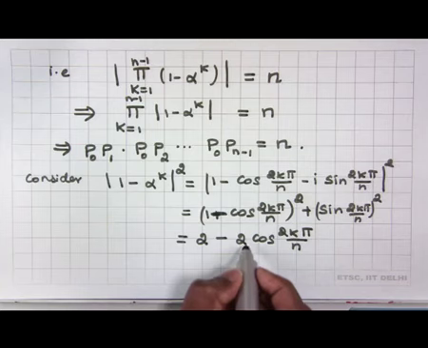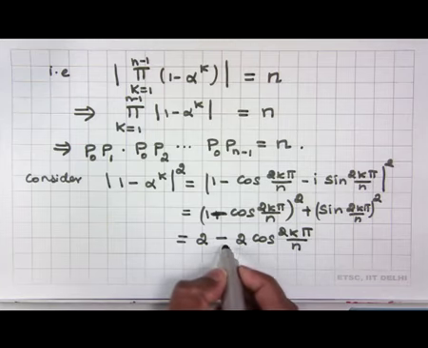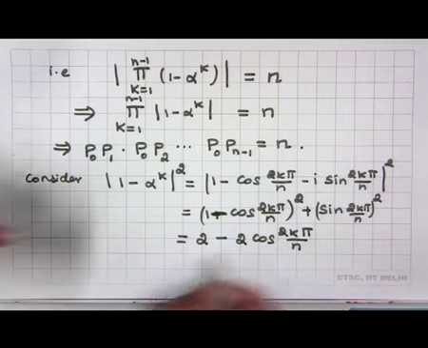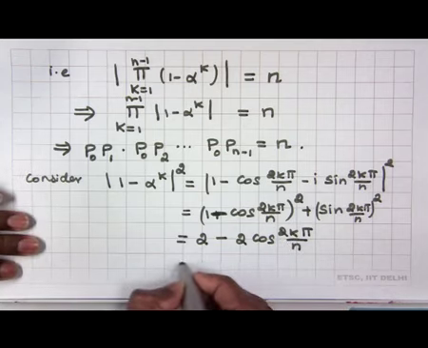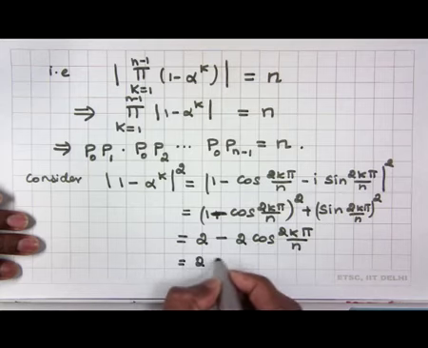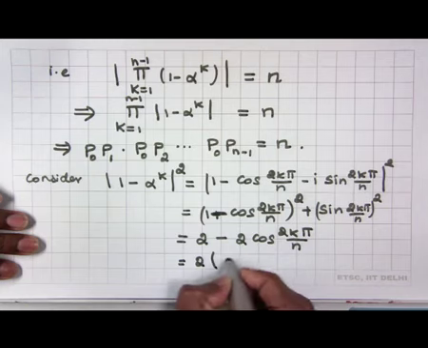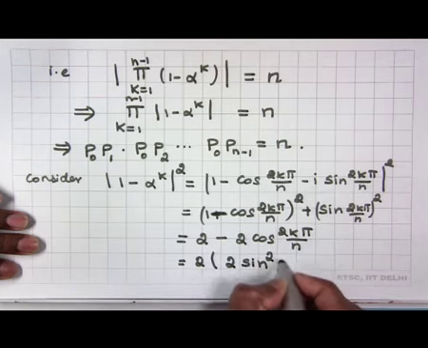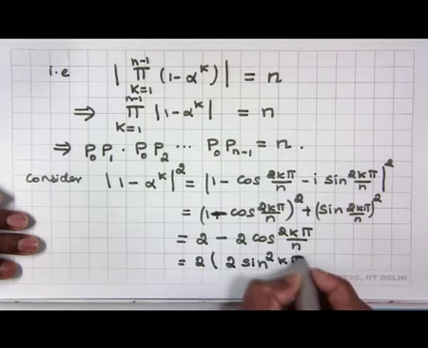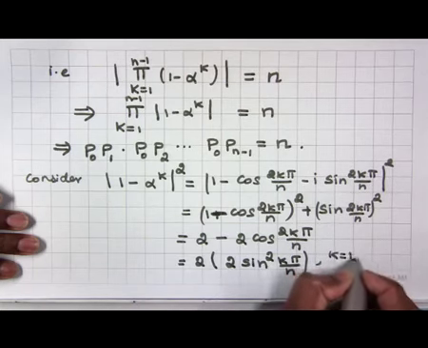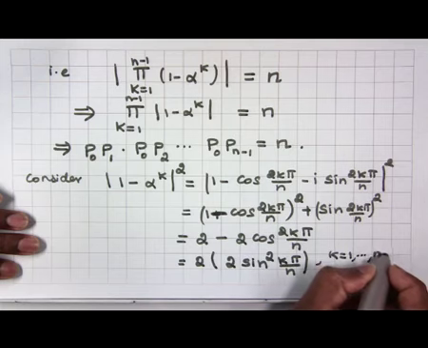Now, further you use the identity, that is 1 minus cos 2 theta can be written as 2 sin square theta. So, we get 2 times 2 sin square k pi by n. Now, notice what is the value of k? K is from 1 to n minus 1.